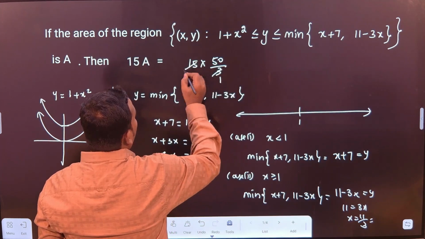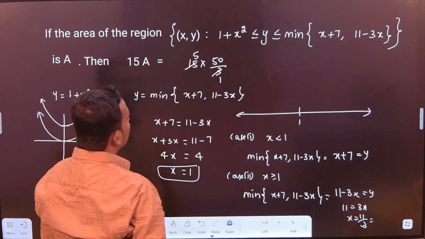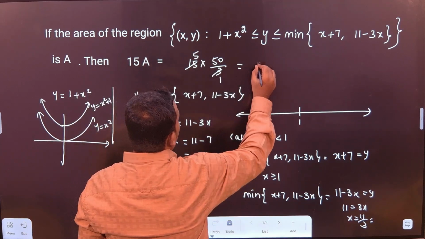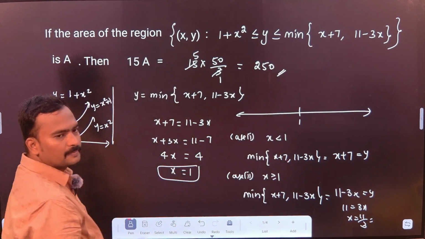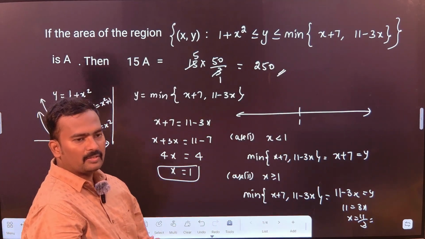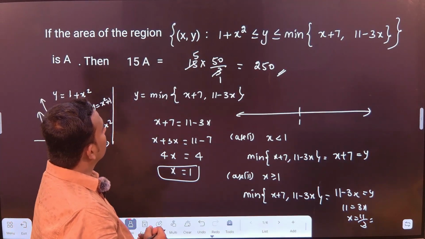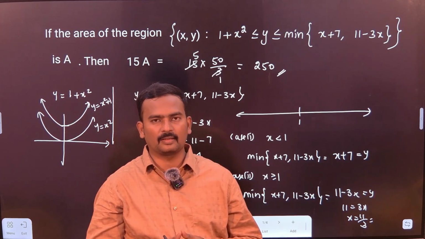So 1 times here, how many times is possible? 5 times, right? So therefore 5 into 50 is what? So 250 is your answer, right? I hope everyone understands. Okay. Yes, correct. 250 square unit is the correct answer.